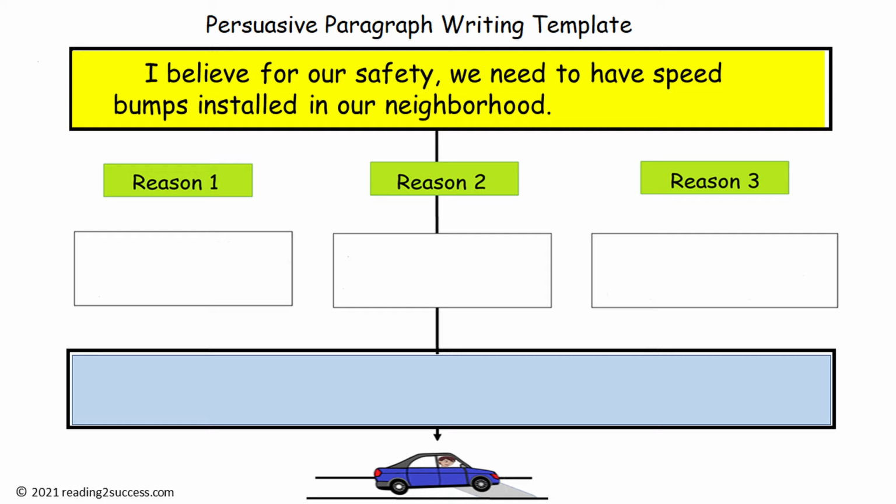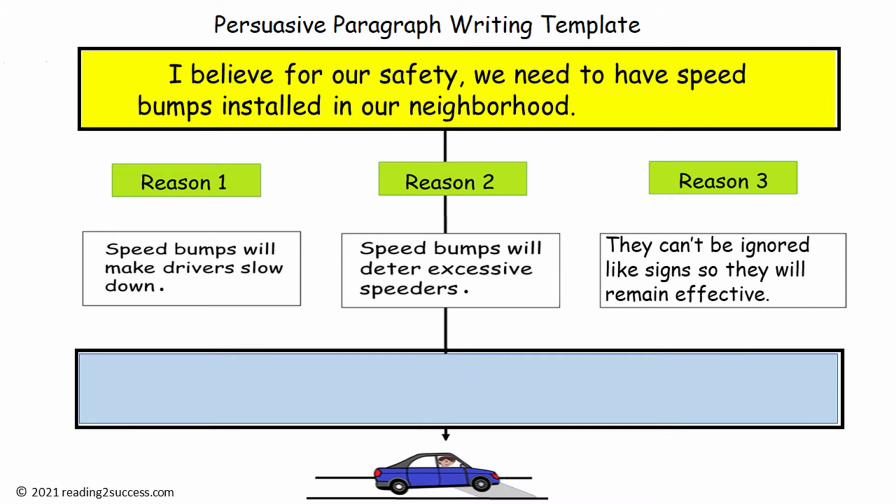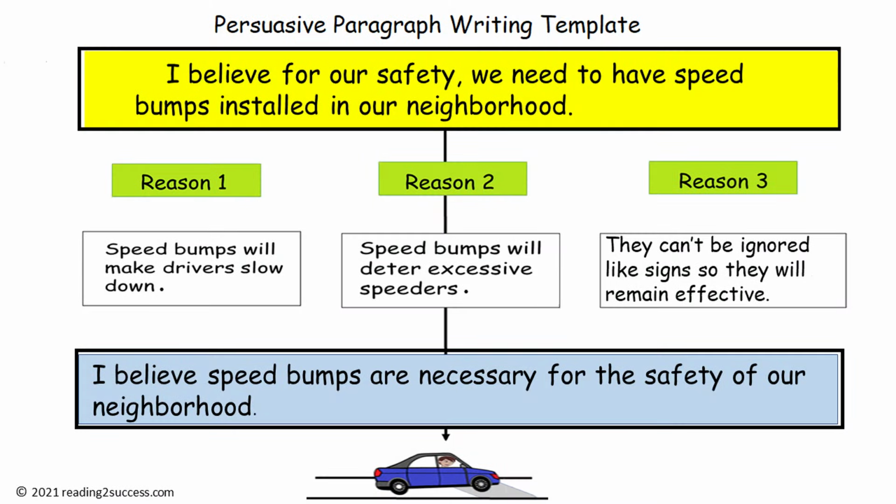I believe for our safety, we need to have speed bumps installed in our neighborhood. Next, have kids fill in reason 1, reason 2, and reason 3. And now have them end the paragraph with the closing sentence, I believe speed bumps are necessary for the safety of our neighborhood.